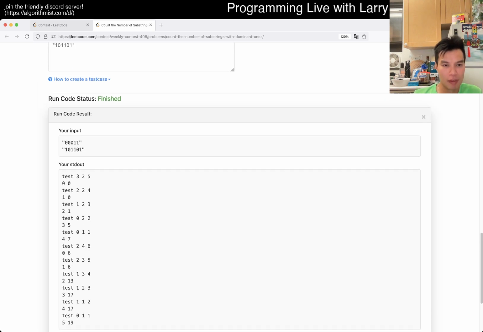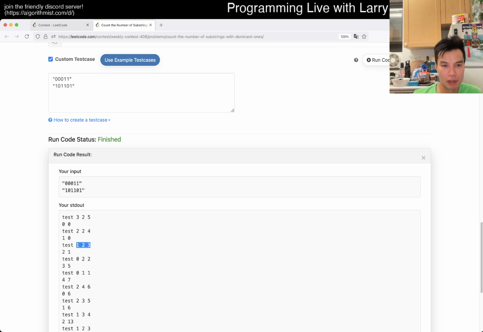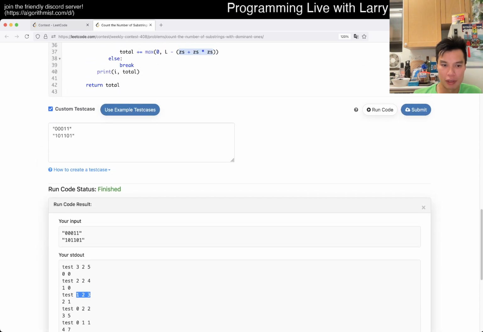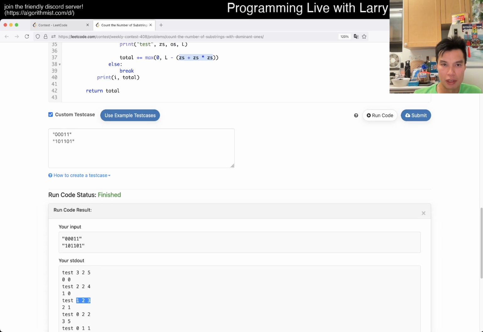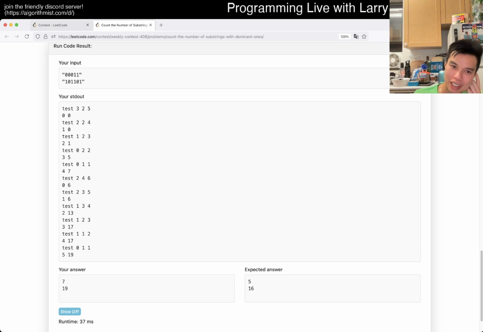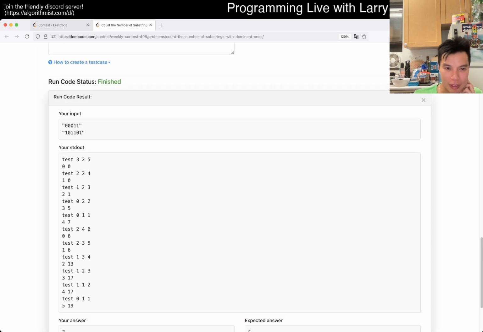Trying to see where this is wrong, to be honest. Still, 1, 2, the length is 3. Okay, so zeros. This is 1 plus is 2. So 3 minus 2 is 1. I guess that makes sense. I think this is just off by 1, but I don't think that's it, because then now we're even more overcounting, right? How do I get 7?